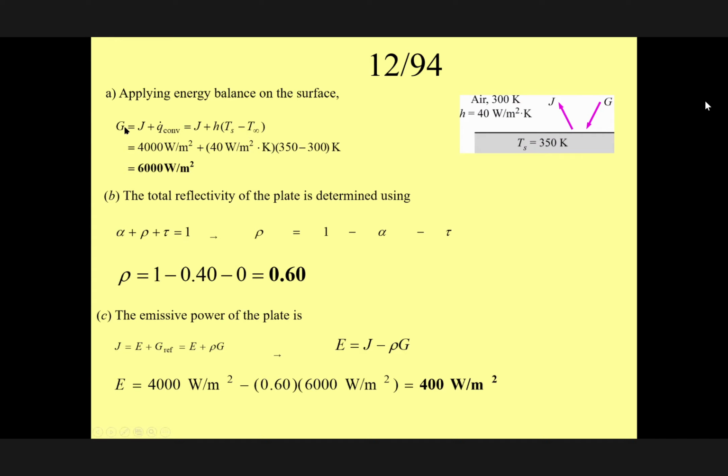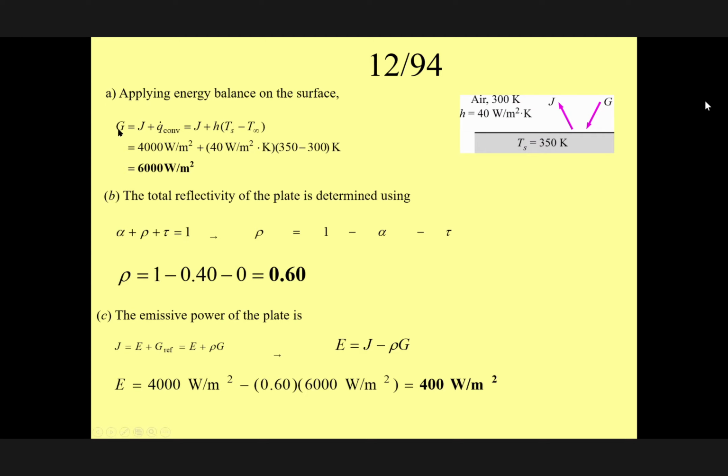There is a certain amount of energy coming here. The surface of the plate is increased to 350. Because of the temperature difference between here and there, I have some convective heat transfer and also some radiation going back. This is a summation of two components. One portion is reflected, and one portion is emitted because of the temperature difference.